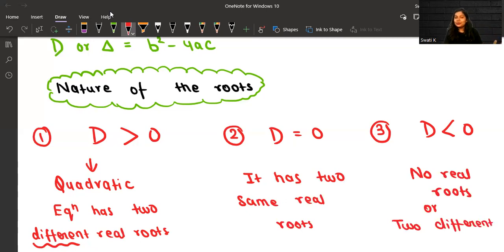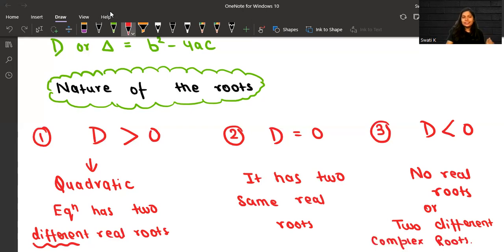If you are a 10th grade student, or in 9th or 8th, consider no real roots. Otherwise, if you are in 11th or 12th grade, consider two different complex roots. Let me know in the comment section if you want to understand this complex number chapter in detail, because I absolutely love this topic. Let me know if you want me to make a detailed video on it.